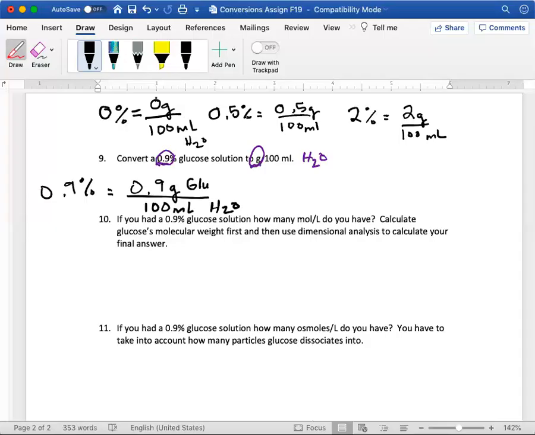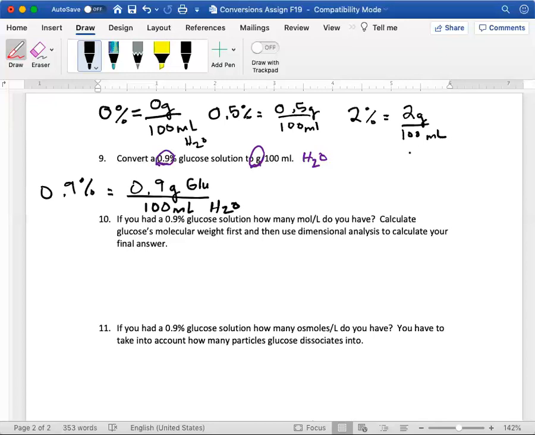Okay, so let's look at each one of these. A 0% solution is 0 grams of particles in 100 mils of water, so just pure water. A 0.5% solution is 0.5 grams in 100 mils of water. A 0.9% solution is 0.9 grams over 100 mils of water. And then a 2% solution is 2 grams over 100 mils of water. So let me ask you a couple of questions.